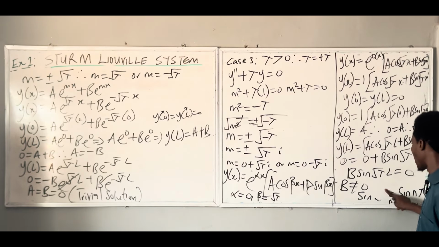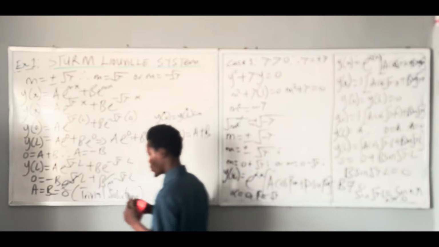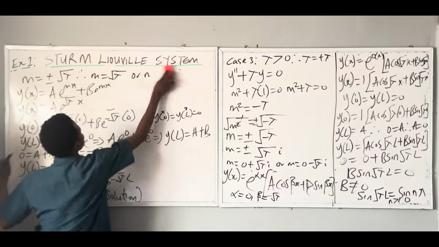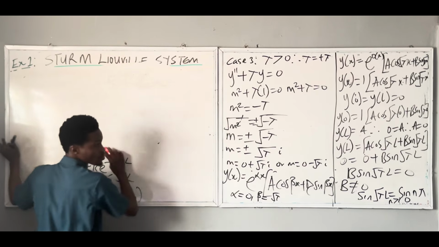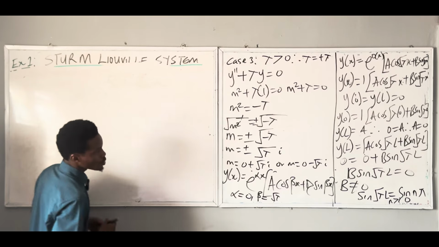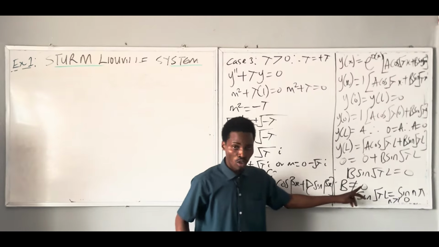Sine pi n is there. So you can see that I don't want to make b equal to 0.